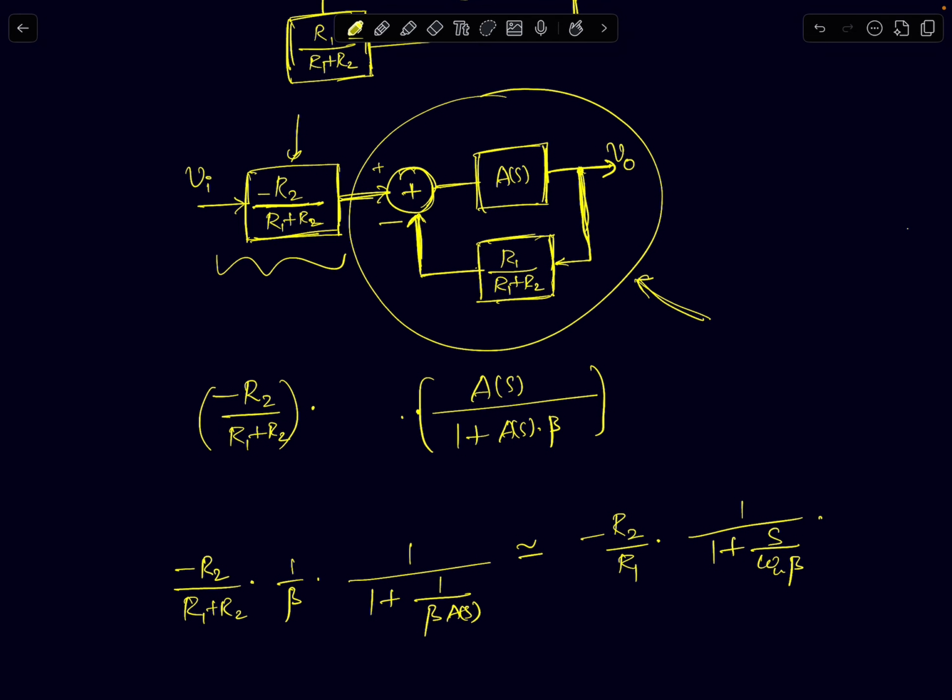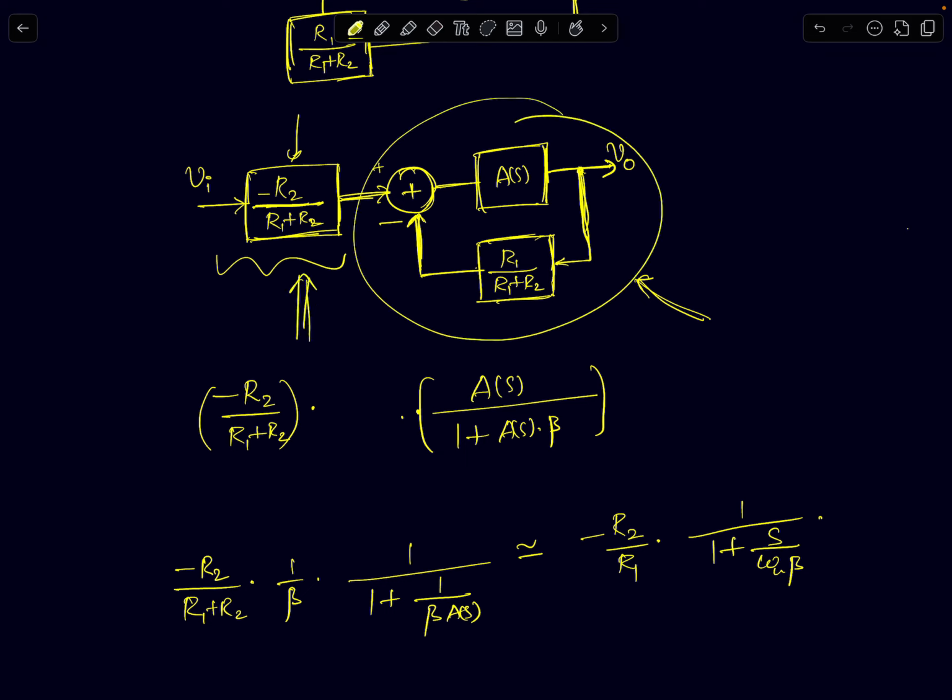I'm again quoting the final result. The feedback part of this block diagram is going to determine the frequency response. This term doesn't have any frequency response dependence; only this term has.